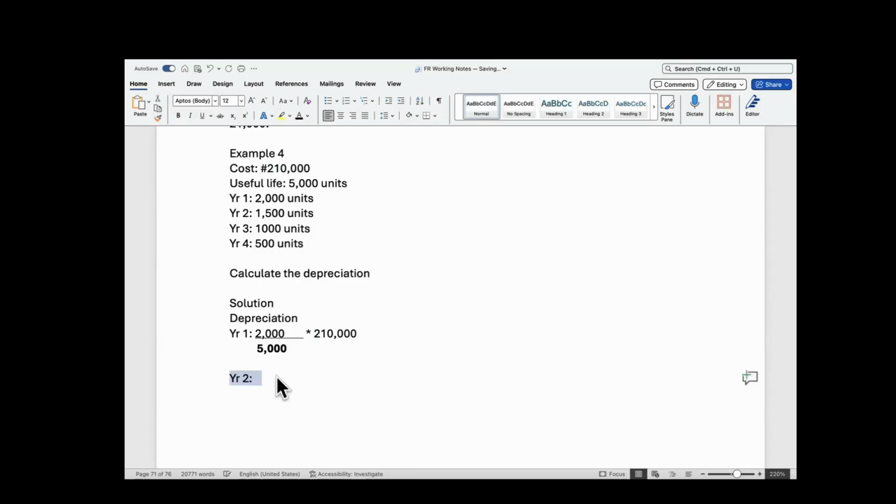In year two, you just do 1,500 divided by the total life of the asset, which is 5,000, multiplied by 210,000. That gives you year two depreciation.